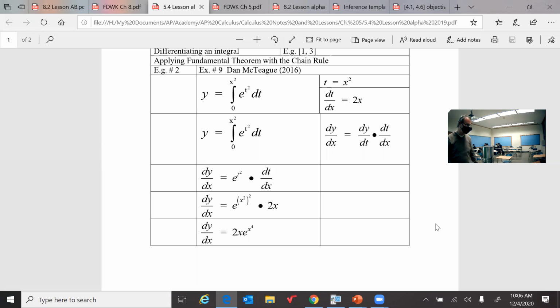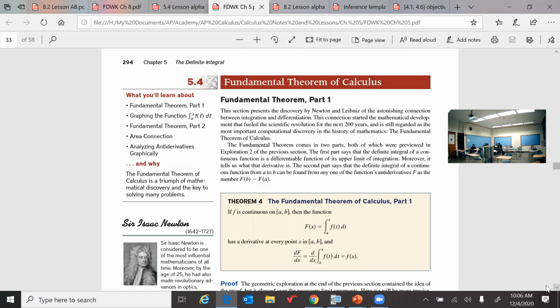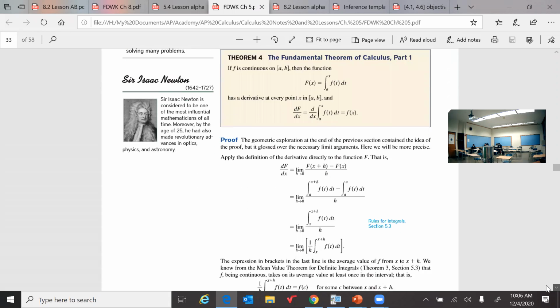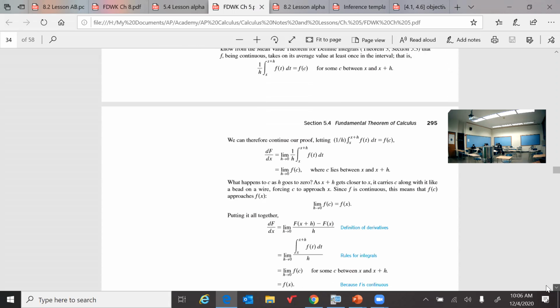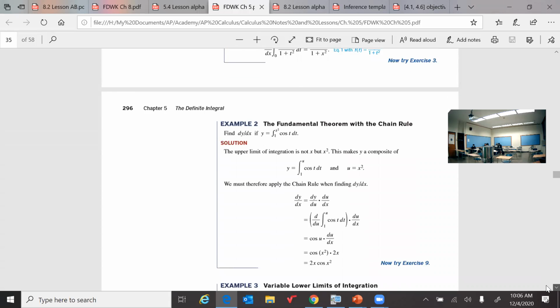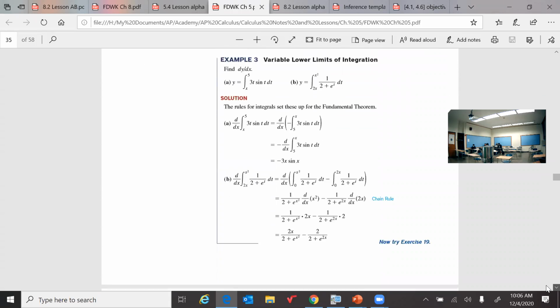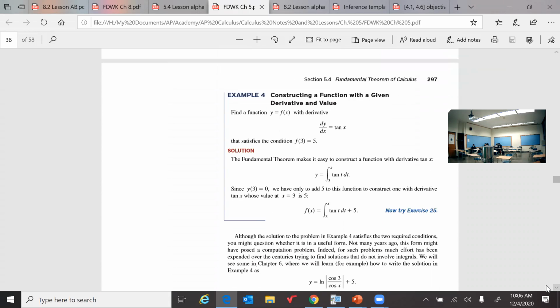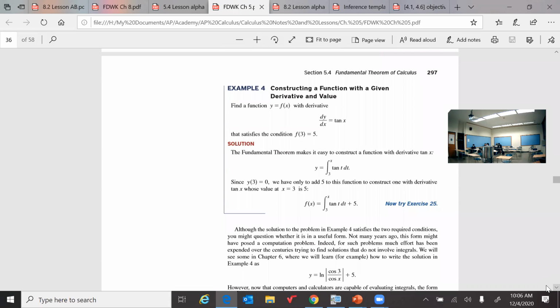Now, example 4 is important, right? So we go to example 4. And it says this: find a function whose derivative is tangent x and that goes through the point (3, 5).